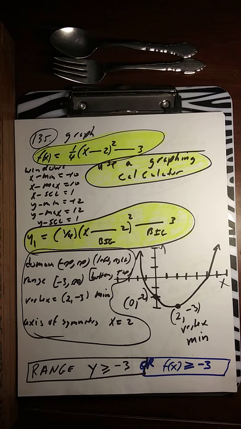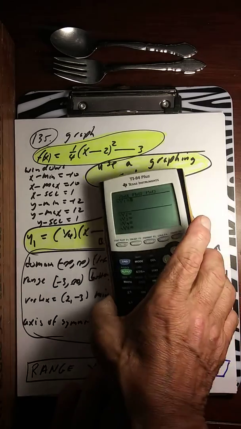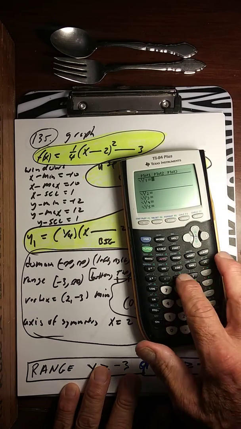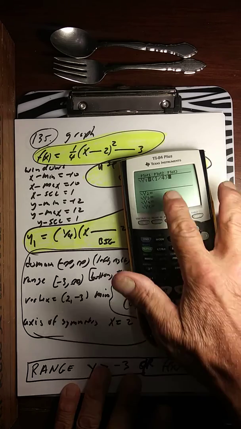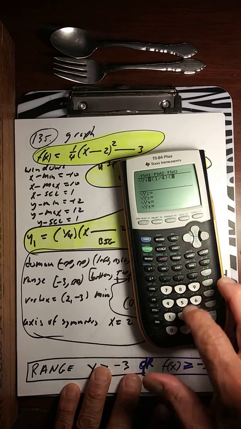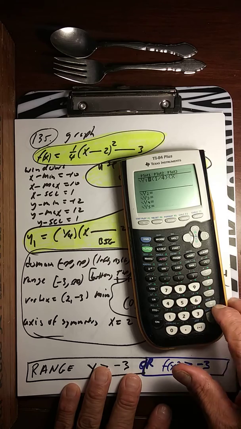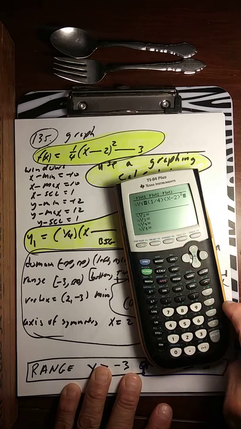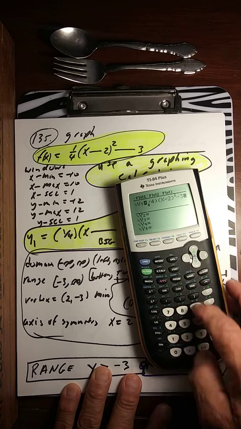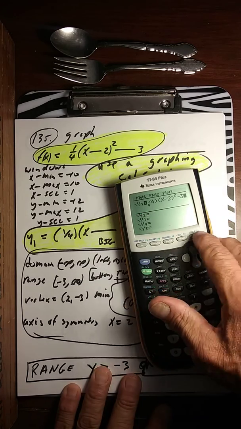Graph this right here. Let's put it in a calculator. Sure, why not? So we have parentheses 1 divided by 4 parentheses x minus 2 squared minus 3, big minus sign 3, and let's hit graph.